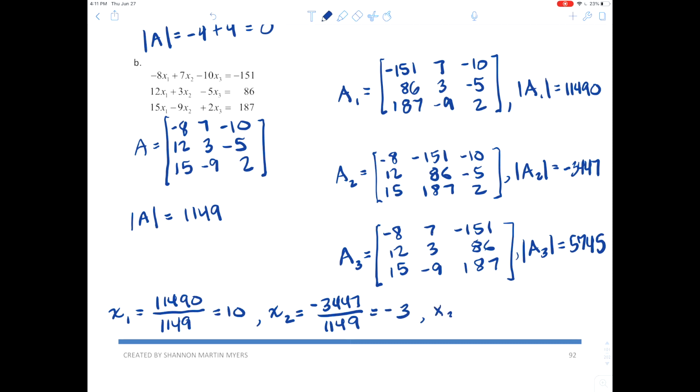And then x3 will be 5,745 divided by 1149, which happens to be equal to 5. Groovy? So our solution is the ordered triple 10, negative 3, 5, and it's a consistent system.